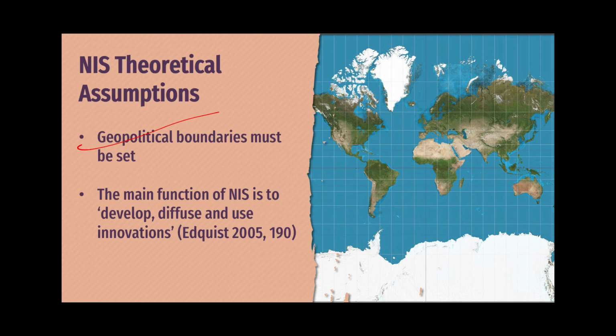Not to discount, of course, that globalization is there, not to discount that we have foreign partners. But again, when we talk about the foreign partners and globalization, they operate within the geopolitical affordances that we provide for them, right? So the main function of NIS is to develop, diffuse, and use innovation.